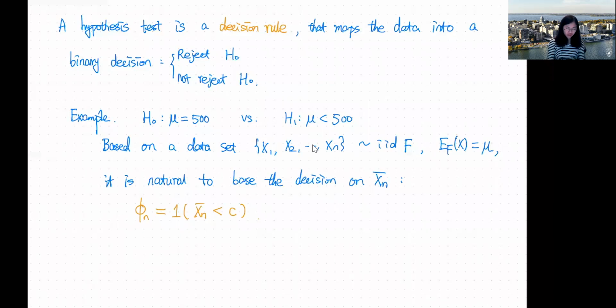So therefore, it is reasonable to use a decision rule that's of this form. But then there is the problem of what should C be? So C is a threshold that is to be determined.